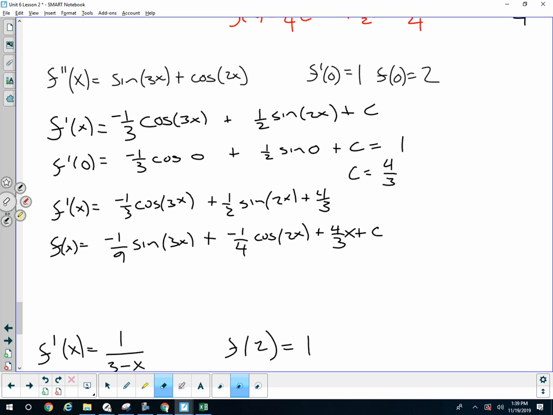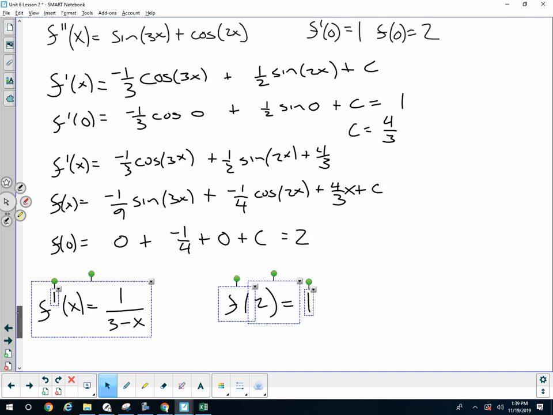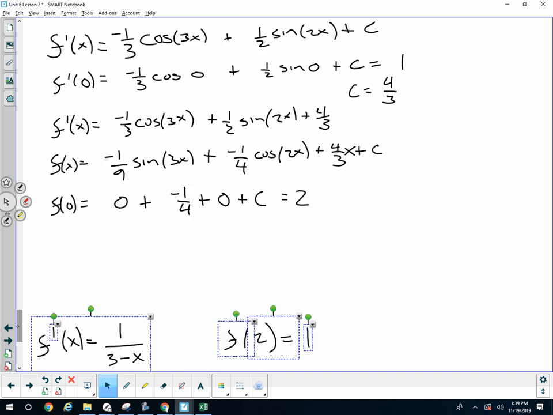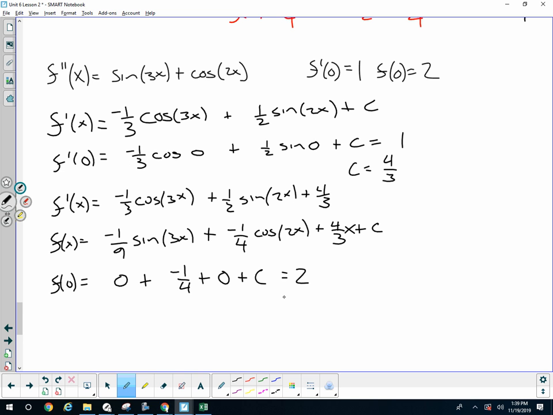I need the antiderivative of 4/3, 4/3 x. I need a plus c. Eight fourths plus a fourth, 9/4. After all that, we have our solution.